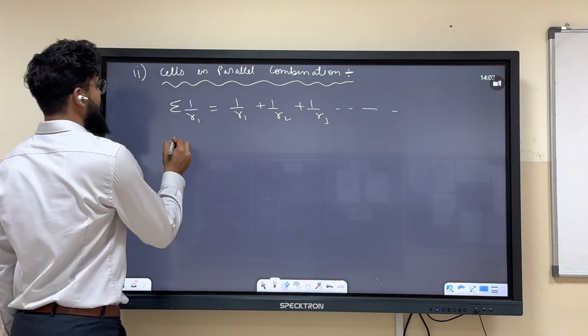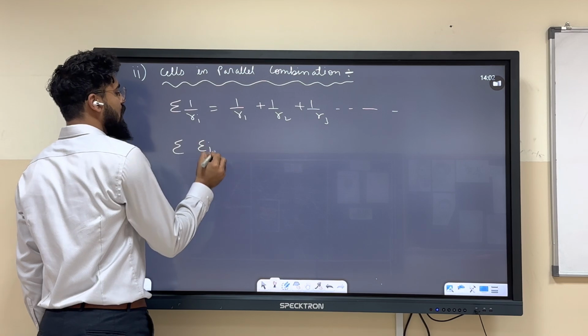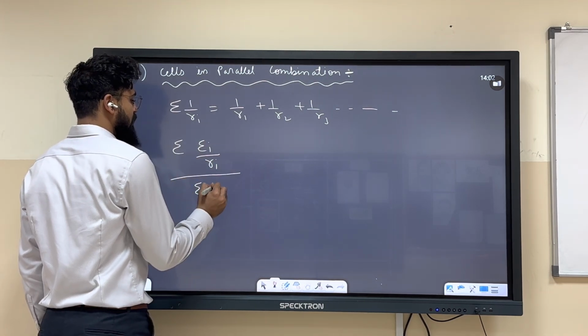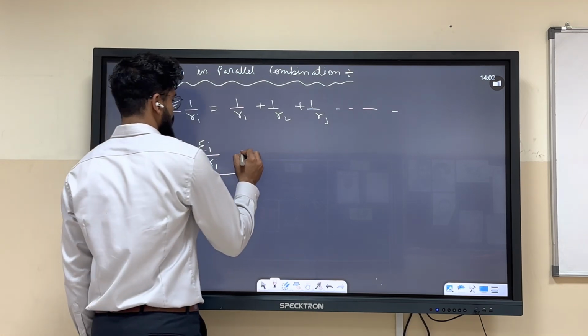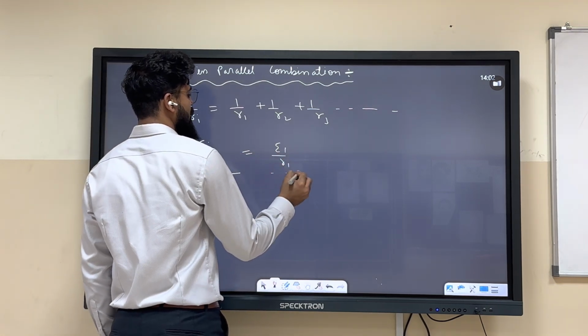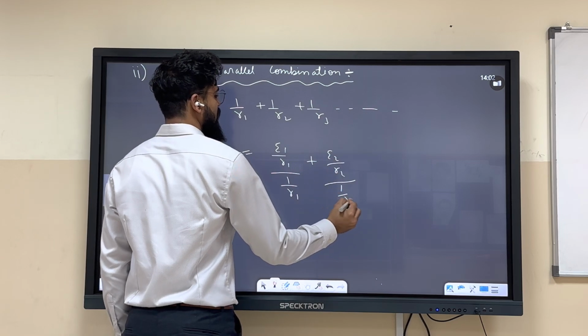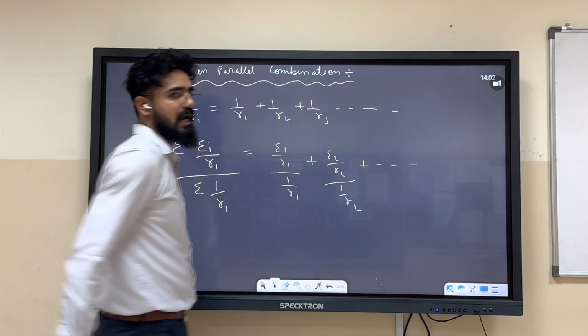When we are writing sigma Ei upon ri divided by sigma 1 upon ri, it means E1 upon r1 divided by 1 upon r2 plus E2 upon r2 divided by 1 upon r2 and so on. I hope you are getting it.